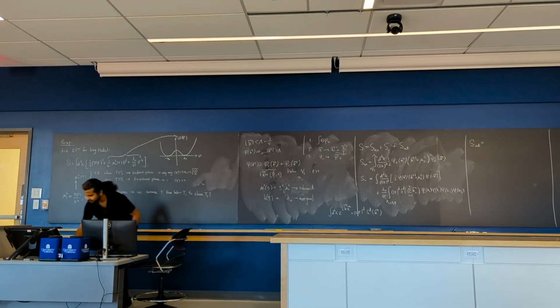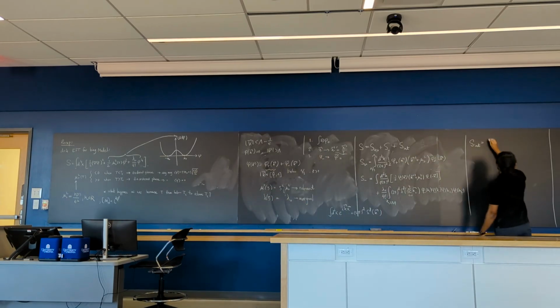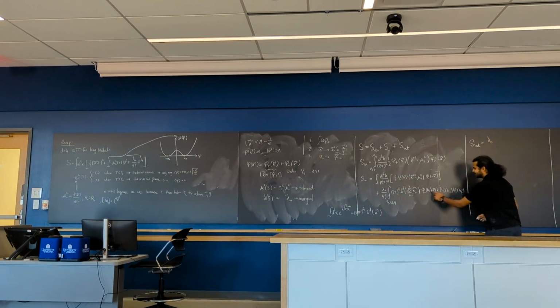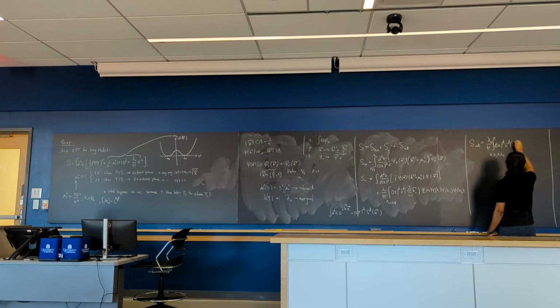Let me remember what all terms I included. Okay, I'm going to be schematic because I don't want to write k1, k2, k3, k4. Lambda 0 by 4 factorial integral k1, k2, k3, k4, (2 pi)^d delta^d of the sum over i from 1 to 4 of k_i.